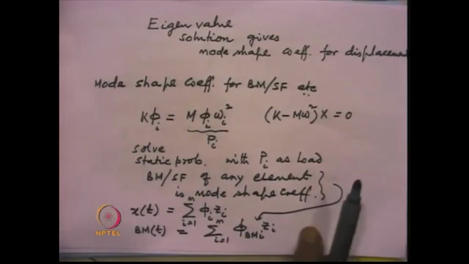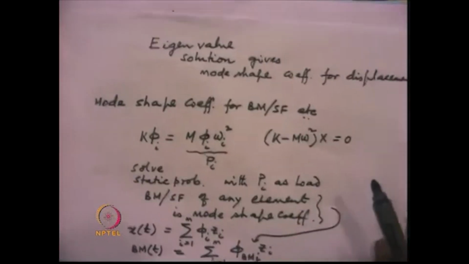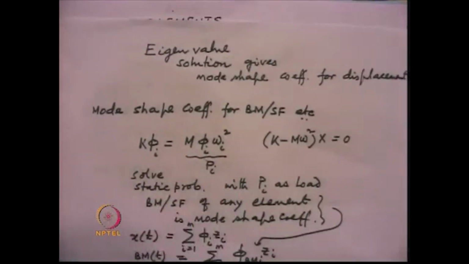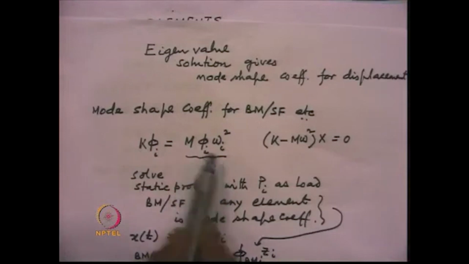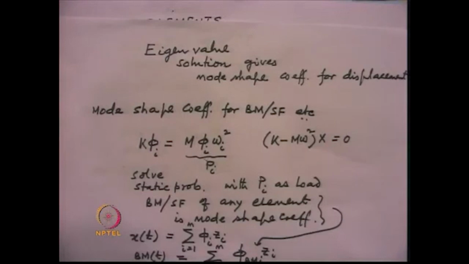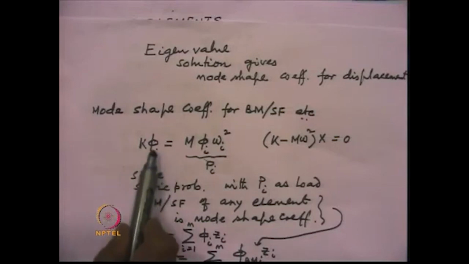Now, we can view the entire thing like this. In the ith mode, this equation represents as if the entire structure is subjected to a static load of Pi, and if I analyze it, then the displacements that we will get will be equal to phi i.